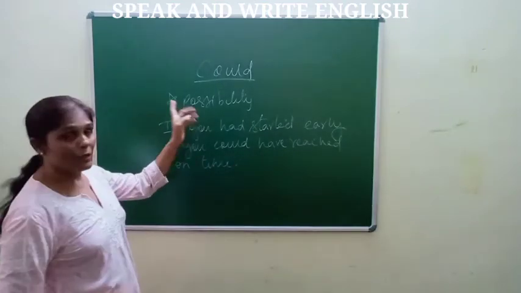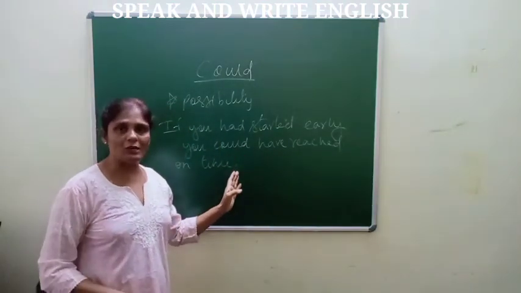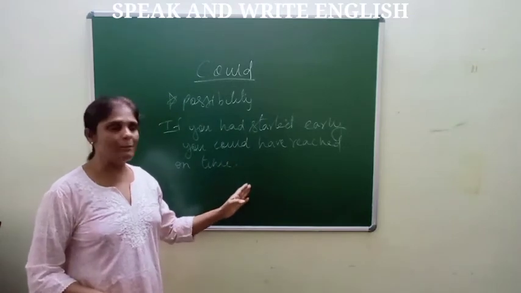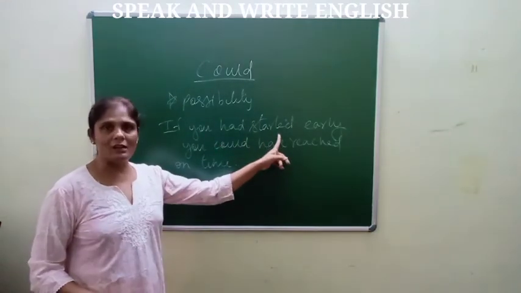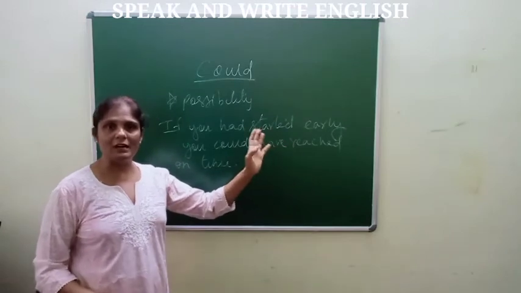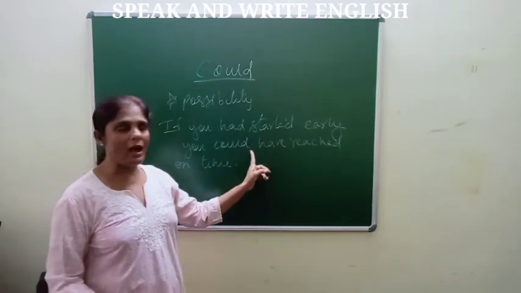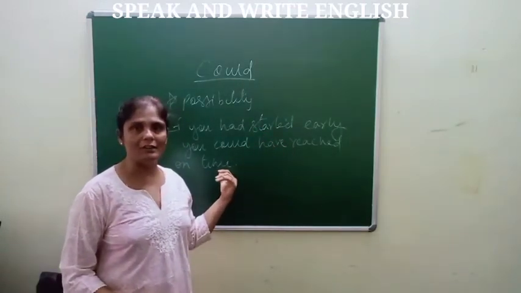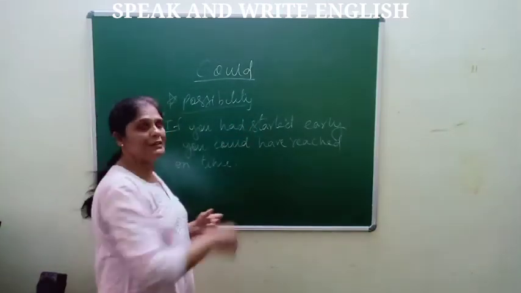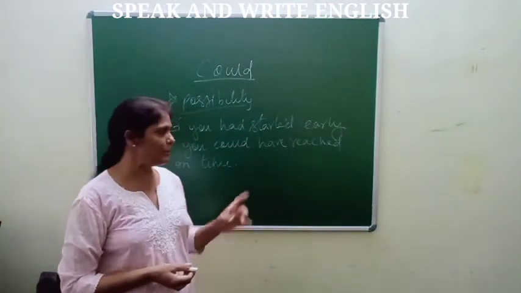Means what? There was a possibility that you could have reached on time, but it did not happen. Why? Because you did not start early. Had you started earlier, you could have reached the destination on time. So it talks about the possibility, but the possibility did not happen.